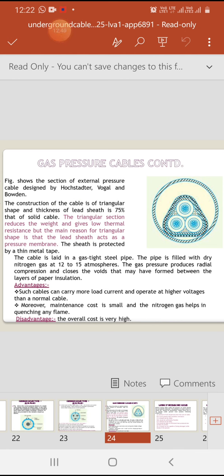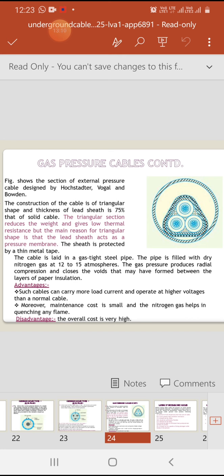Now let us discuss gas pressure cable. As we know, the voltage required to set up ionization inside a void increases as the pressure is increased, but at the same time the increased pressure produces radial compression which tends to close any kind of voids, and this is the principle of gas pressure cables.